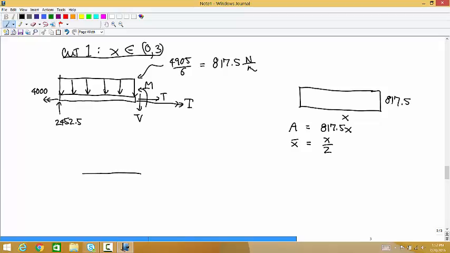And so you want to draw one more free body diagram before you go to your calculations. So you have a torque of 4,000, an upward force of 2452.5, a downward force at the midpoint of 817.5x, and then the internal loads.